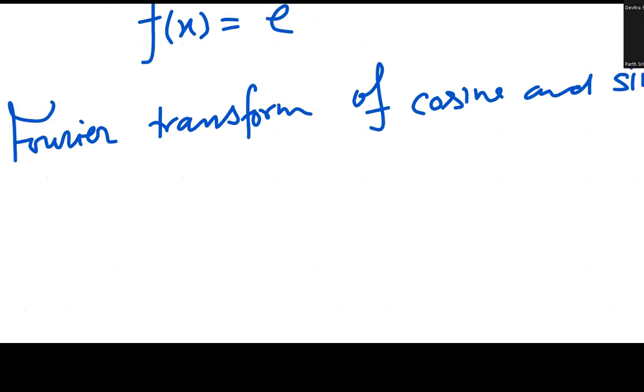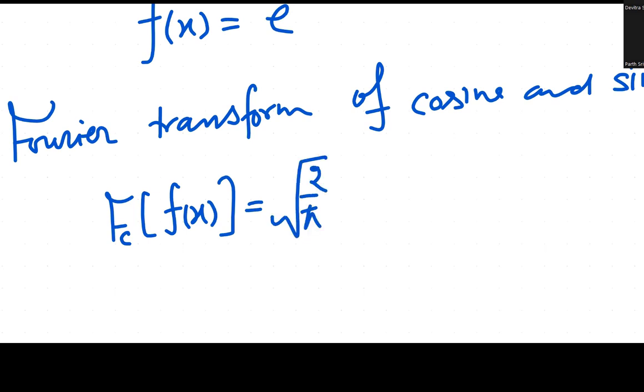So we have the formula: Fc of f(x) is equal to square root of 2 over pi into the integral from 0 to infinity of f(x) into cos sx dx.